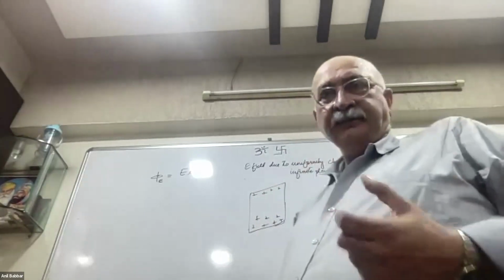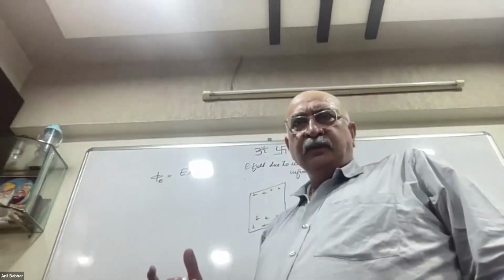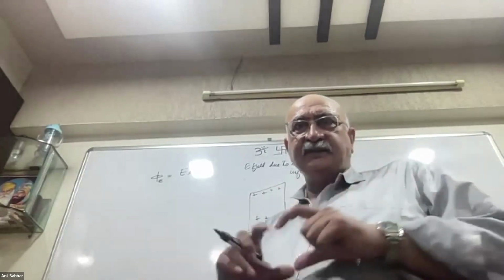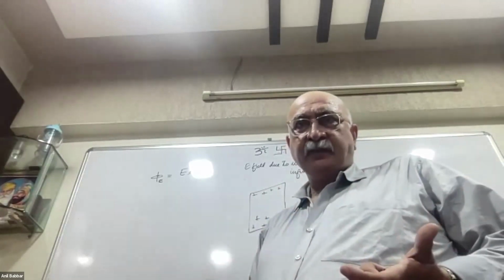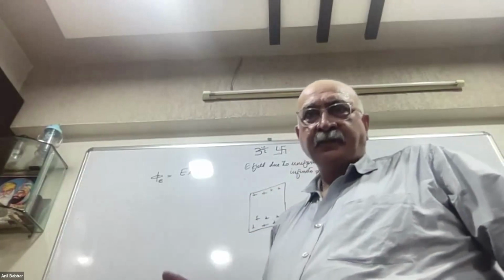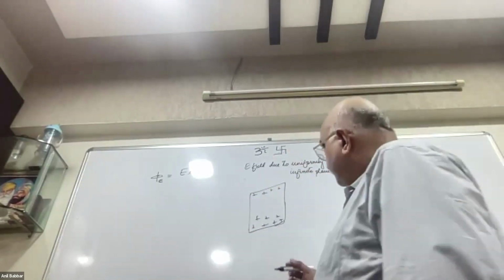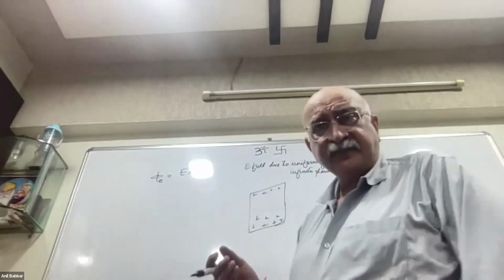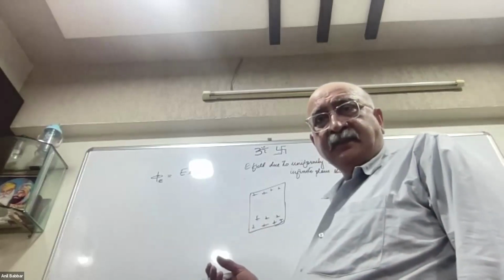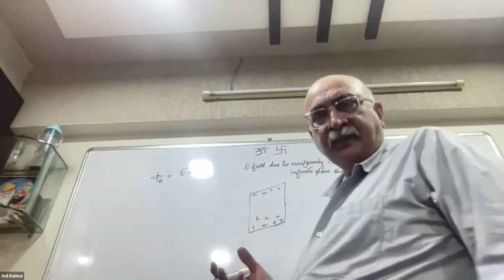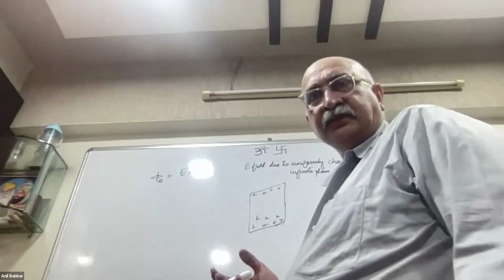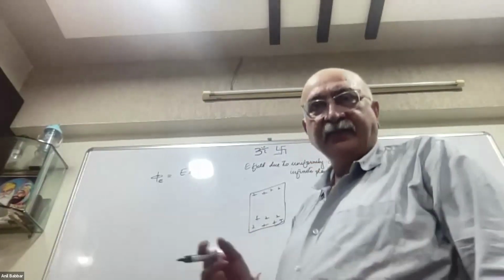Right? Now we need to consider a Gaussian surface. Fine. And we want to find the electric flux at a point P lying at some distance from it. Fine. So let us have the Gaussian surface.